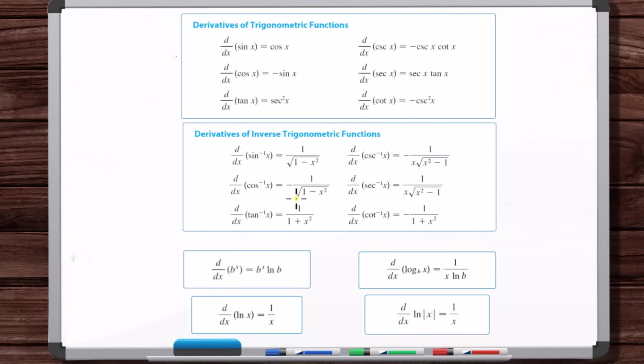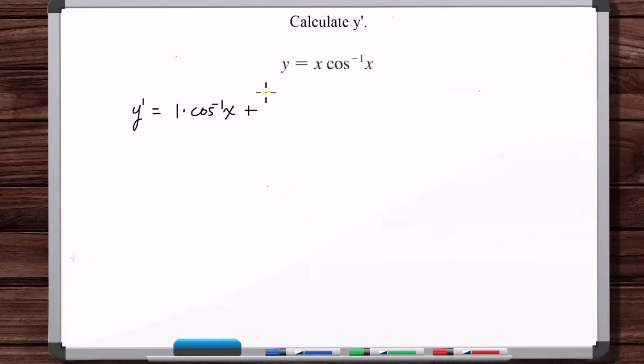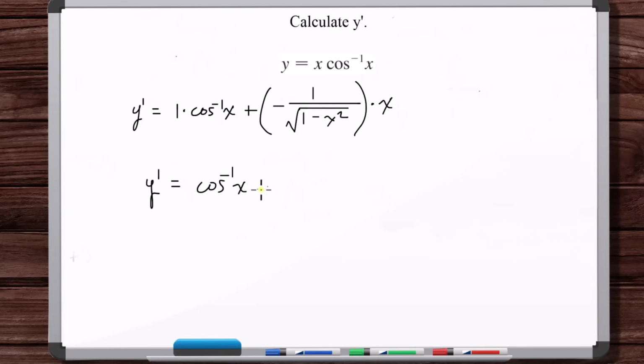Minus 1 over the square root of 1 minus x squared, times the first. So the derivative of the first times the second plus the derivative of the second times the first. So we've got that, that's the derivative.